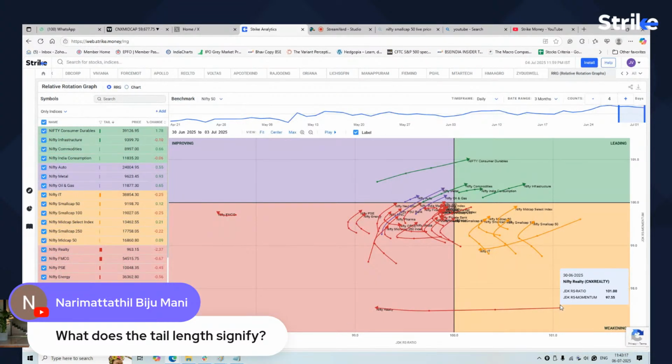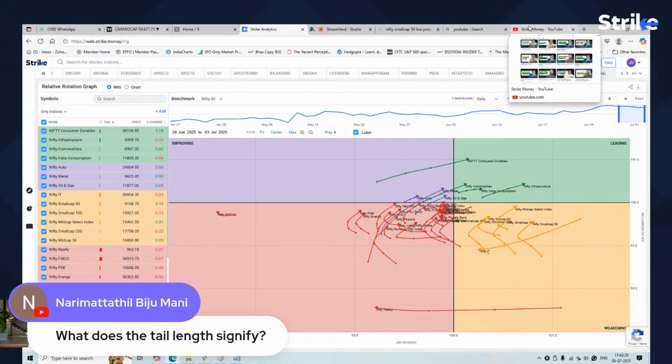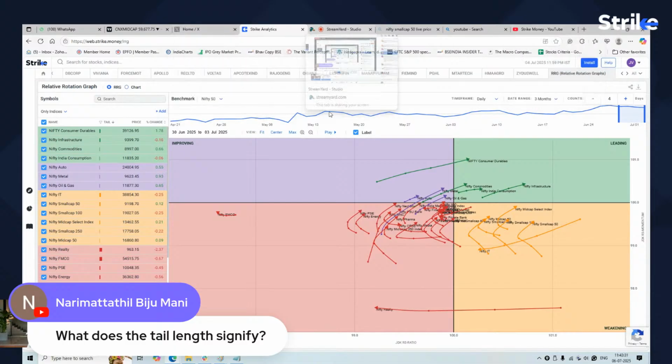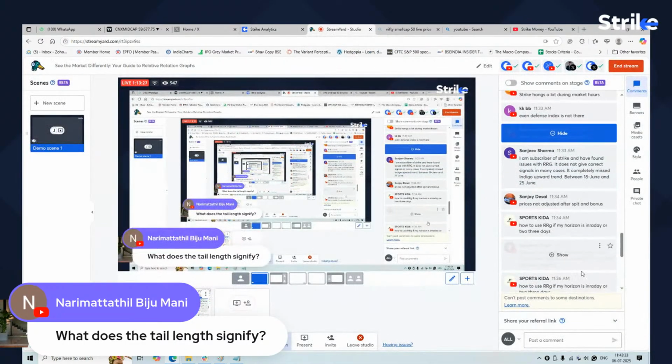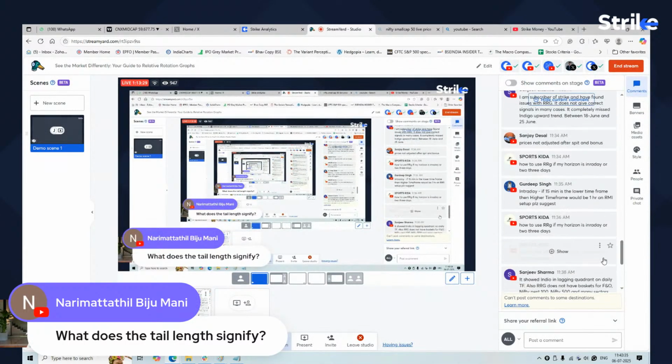So this means that there has been a very significant underperformance, and that has led to it having a very big tail. So the bigger the tails, the stronger those moves are. Now, whether they are on the up move or down move, that RRG chart will tell you.